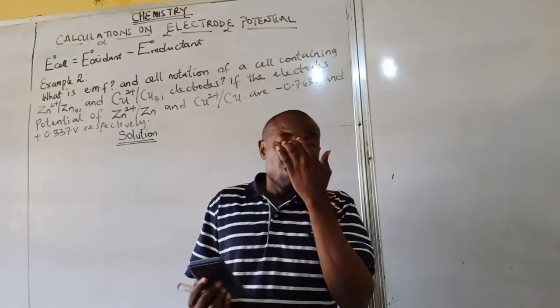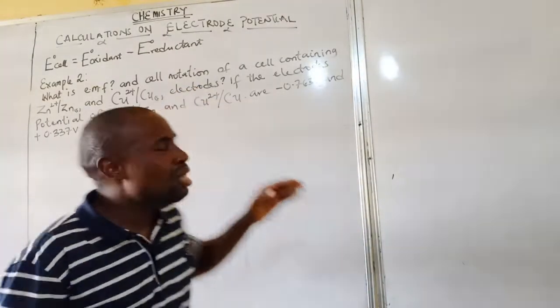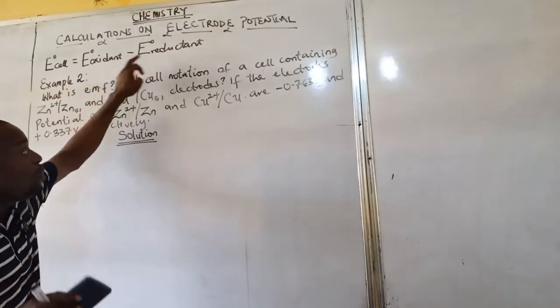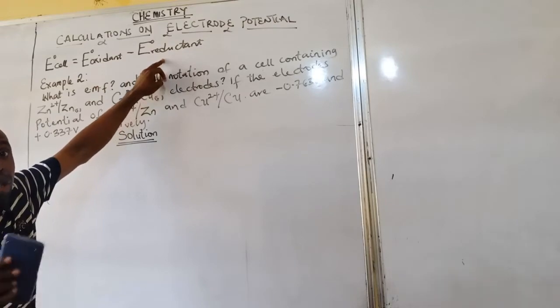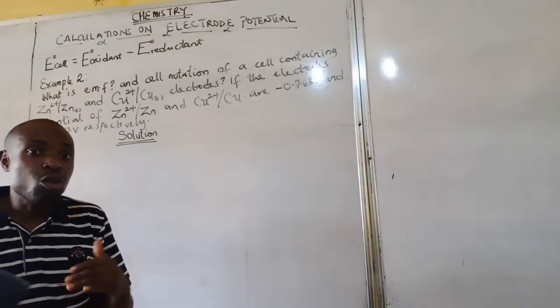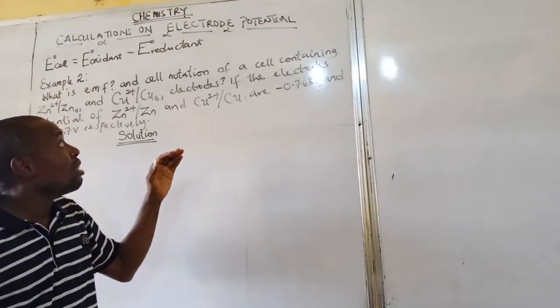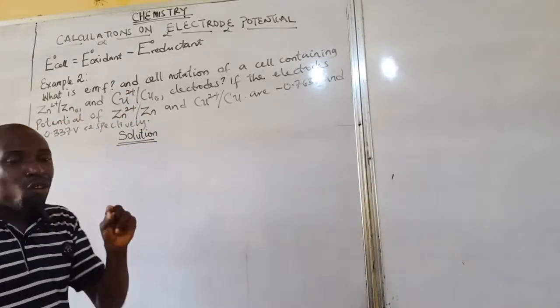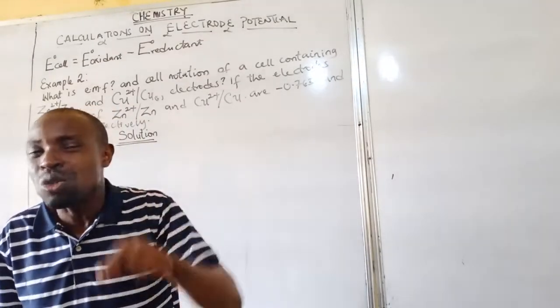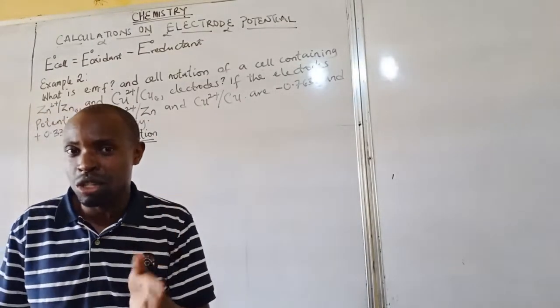Now, we make use of this formula when the reaction is feasible. And when we say feasible, it simply means that it's possible. Not only that, it also means we make use of it when the cell notation is not given to us in the question.